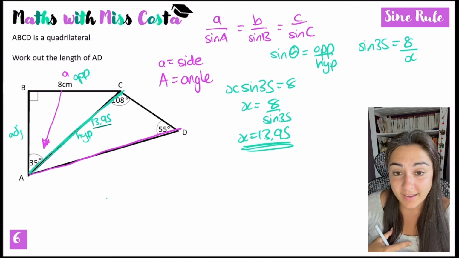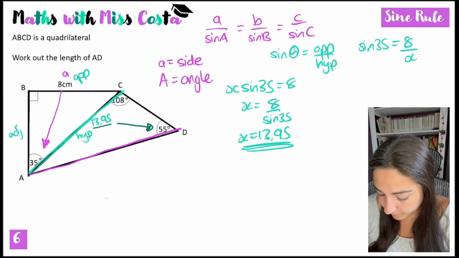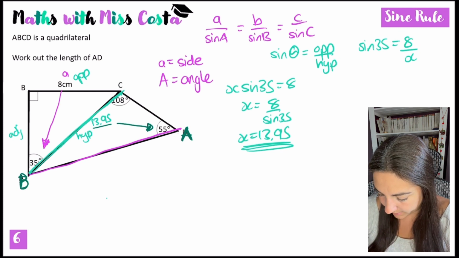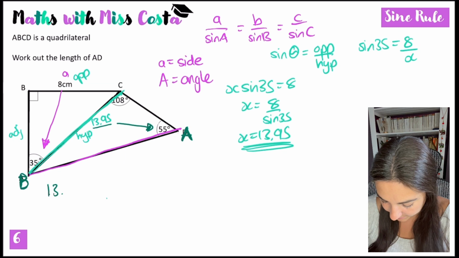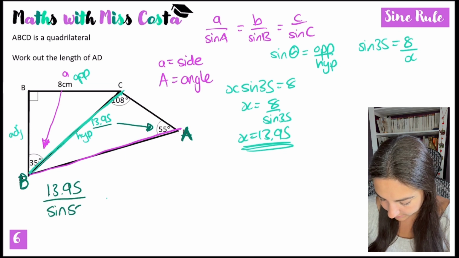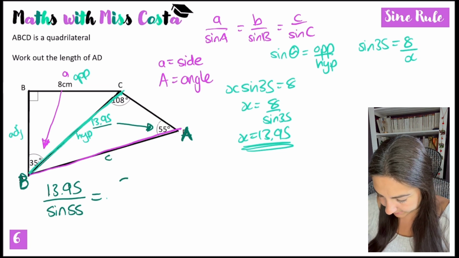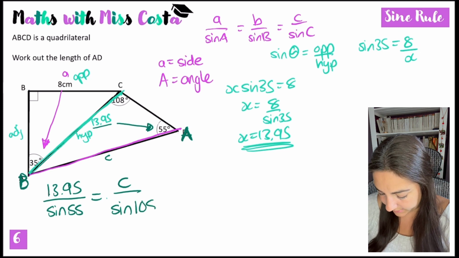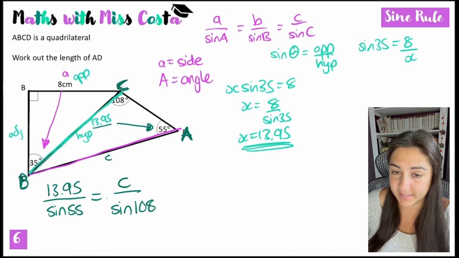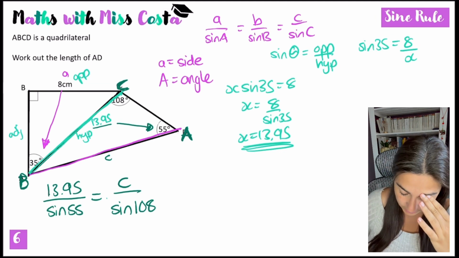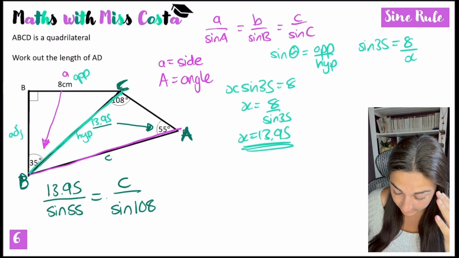and the angle opposite it is the one that goes with it. So I'm going to rename this as A, and this can be B, and therefore that will be C. So little a over sine A, 13.95 over sine 55, is going to be equal to little c over sine C. I've renamed it ABC because it's totally up to me to decide which one's which.